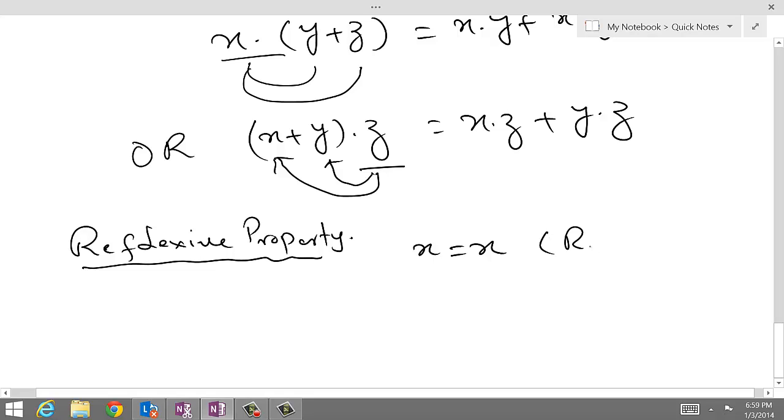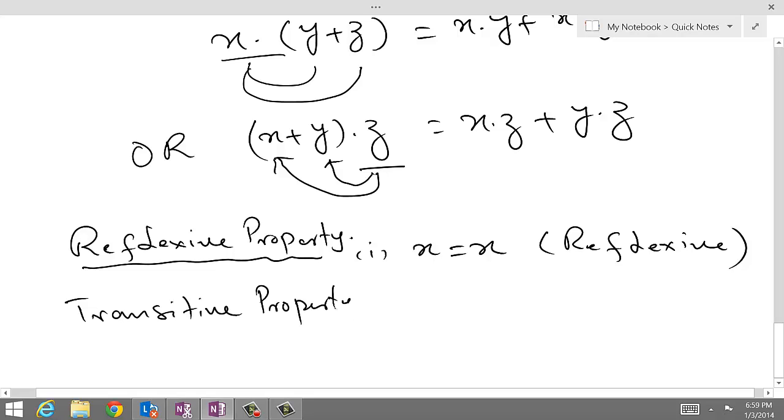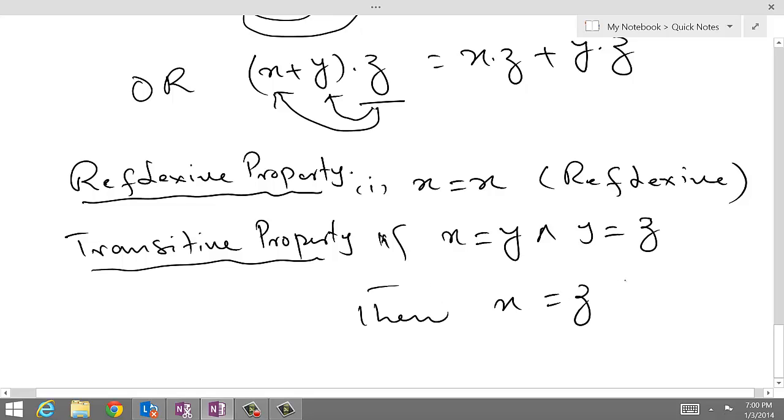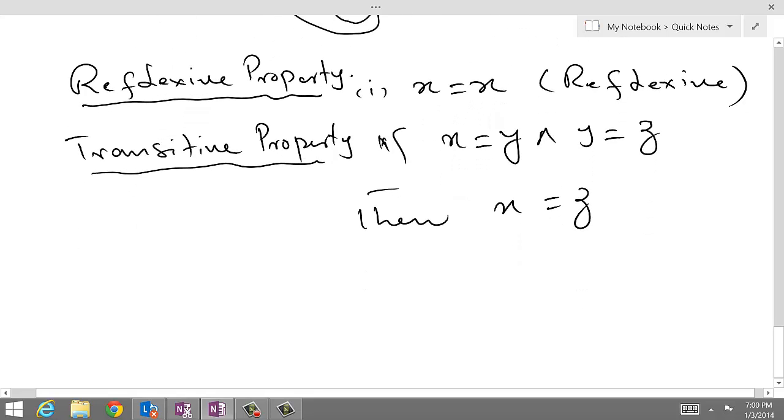This is called reflexive. And transitive property. Now these reflexive and transitive properties are with respect to equality. Transitive: if x is equal to y and y is equal to z, then x is equal to z. This is called transitive property.